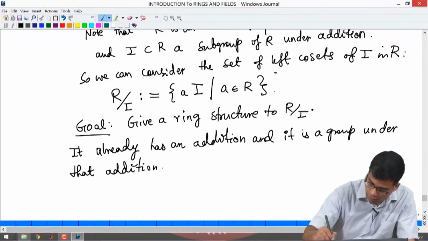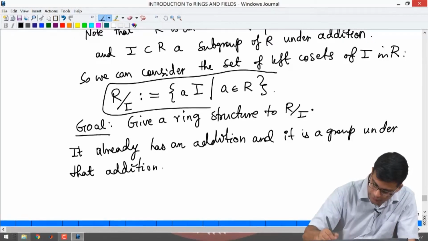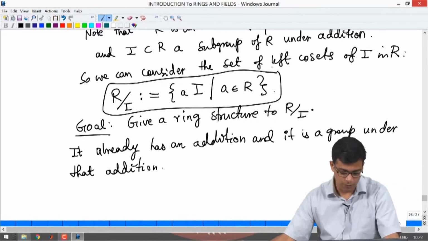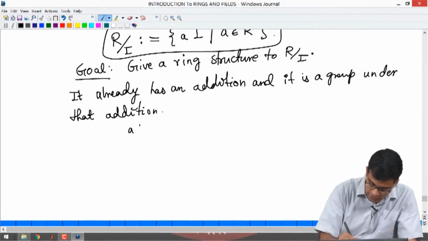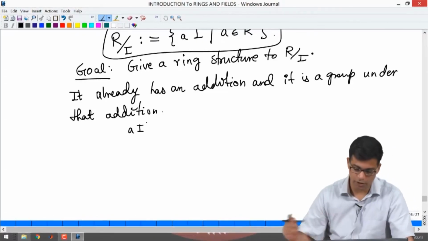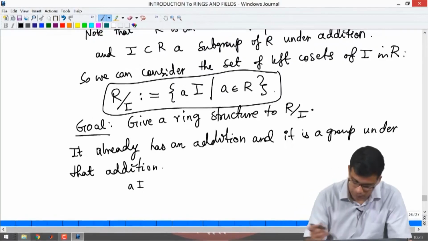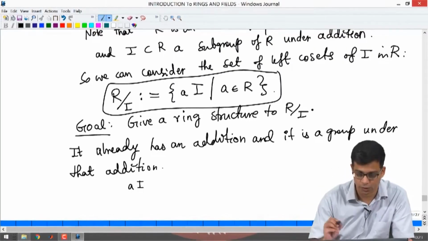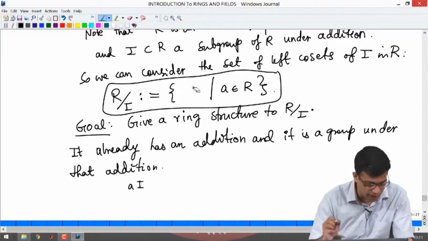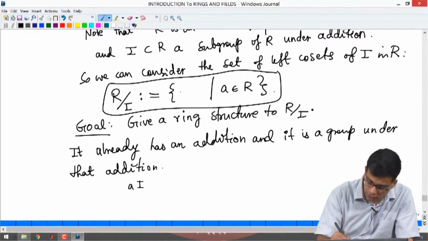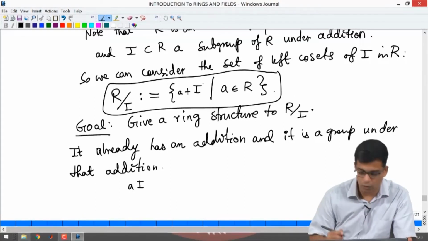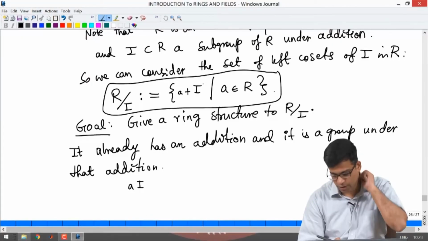Let me recall what the operation here is. Actually I wrote something wrong here, I take that back. It is not a times I, I am not taking cosets under multiplication, I am taking cosets under addition.